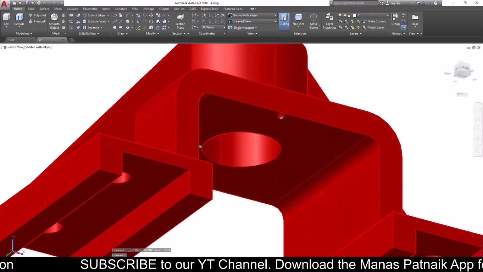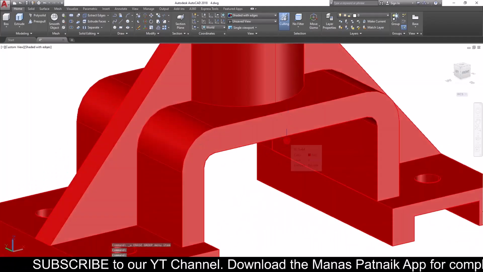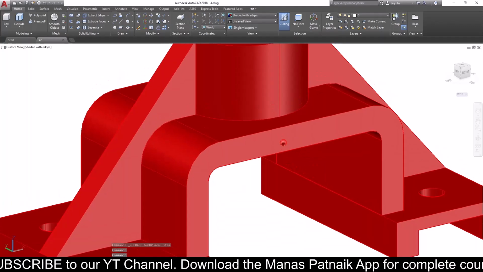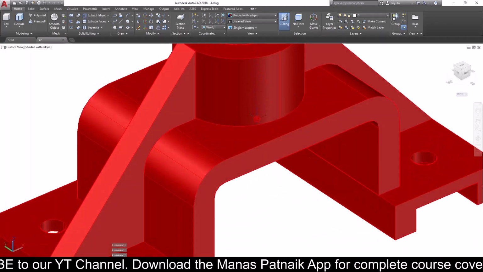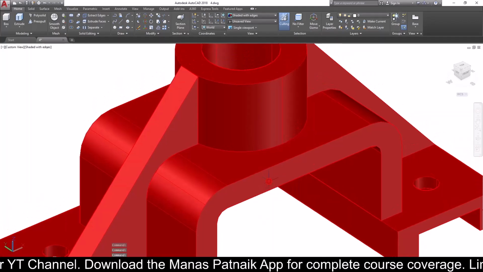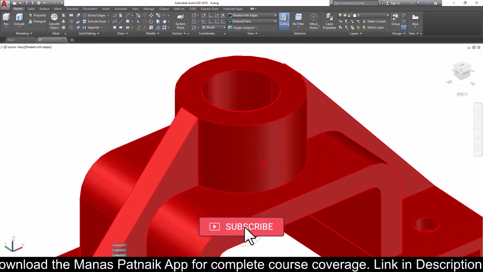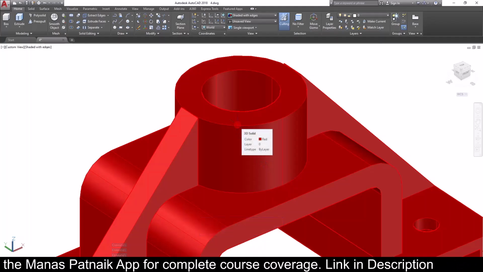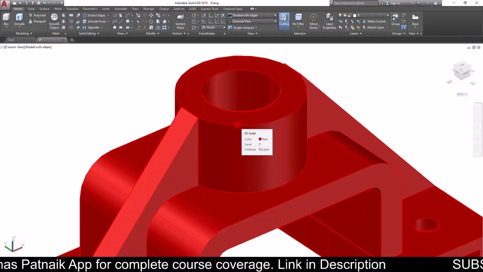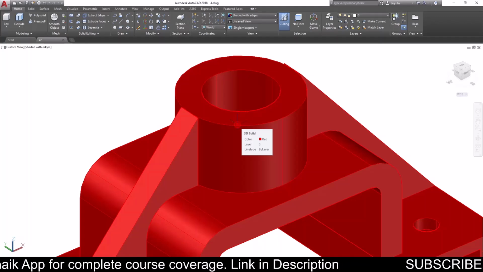You watch, this portion has a thickness of 10, which essentially means this 30 plus 10 makes the total depth of the inside diameter equal to 40.